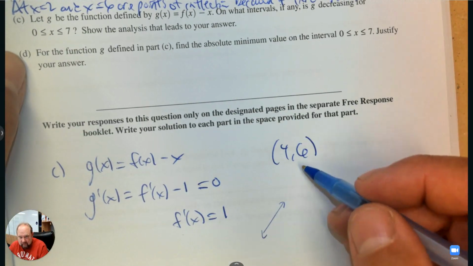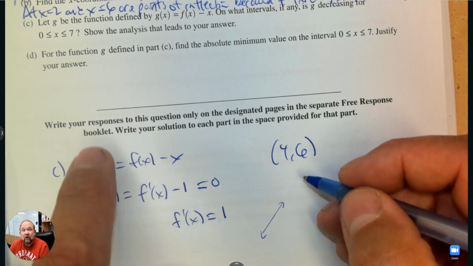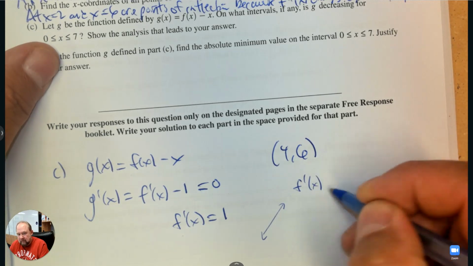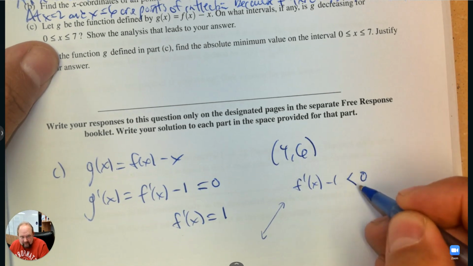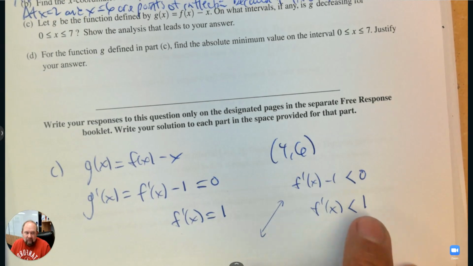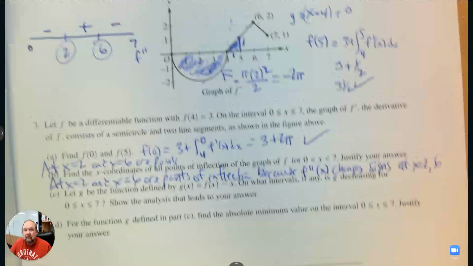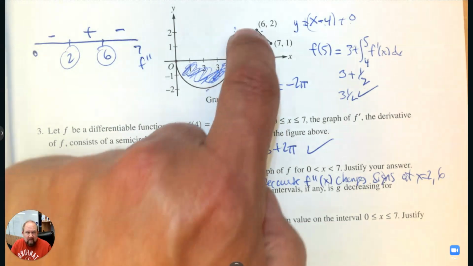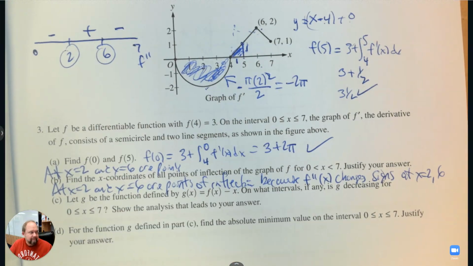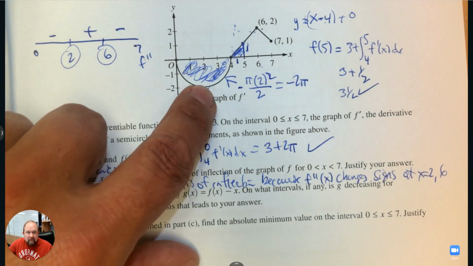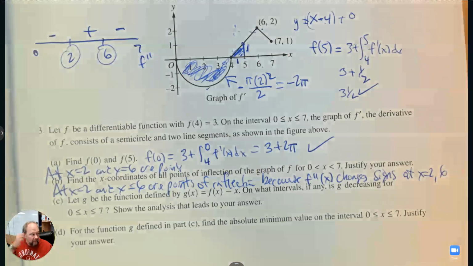So instead of equal to 0, take the derivative to know where it's decreasing, right? Make it less than 0. So instead of equal to 0, if I make it less than 0, where it's negative, add 1, you're looking where on the graph is the slope less than 1. So from 0 to 2, it's less than 1, and that's it. And also the slope here, sorry, from 6 to 7. So from 0 to 2 and from 6 to 7, it is less than 1.